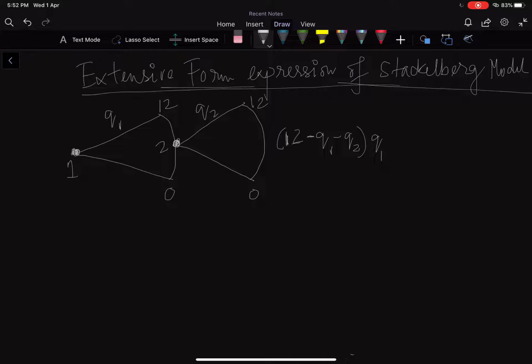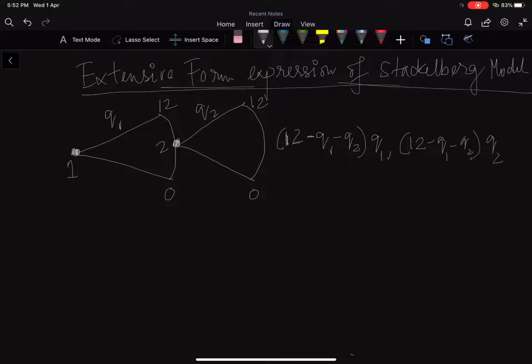So that gives you revenue of firm 1, which is the payoff of firm 1, because there is no cost. Similarly, the payoff for the second firm is 12 minus Q1 minus Q2 times Q2, right? So this is the payoff. This is what the extensive form expression would look like for Stackelberg. So first one chooses Q1, which is a continuous strategy. For each choice of Q1, firm 2 then chooses a Q2, and then the payoffs are realized.